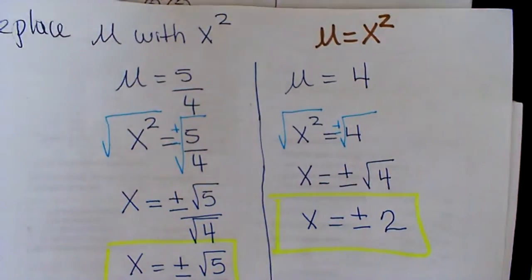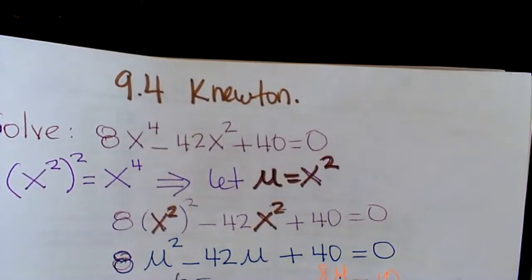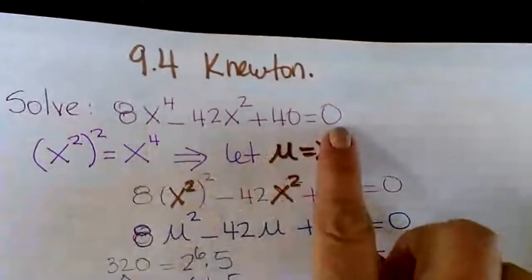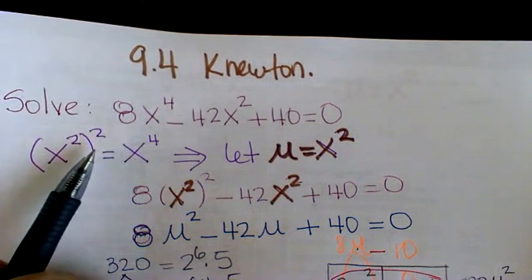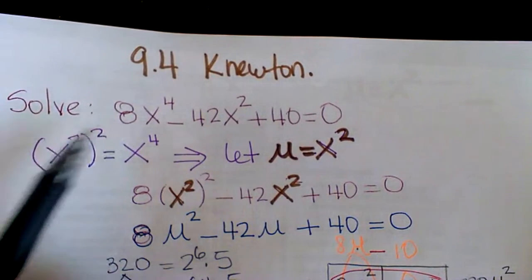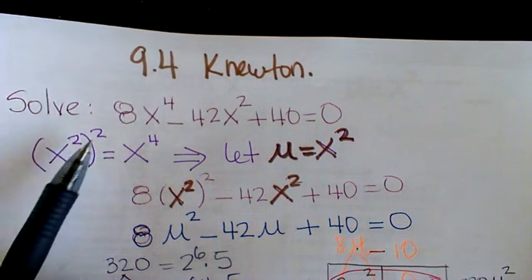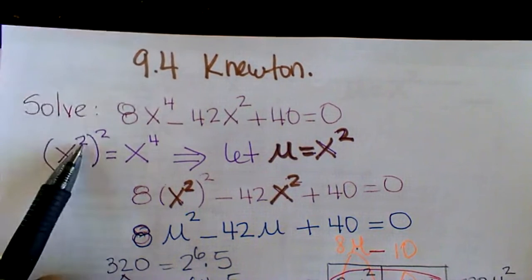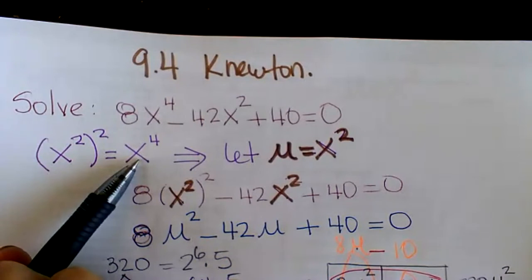So let's go back. We got this, right? Right away we see, okay, we're going to have to use the substitution method here. And we know that x squared to the second power, a power to a power, will give me x to the fourth.